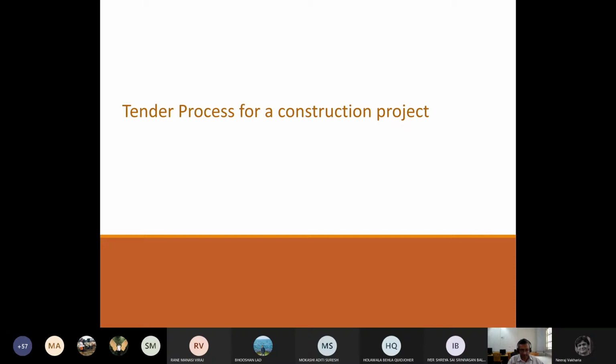One is the contract. What is the contract? The contract is a legal document that binds yourself, the contractor, and the client, with certain kinds of conditions or under certain legalities.